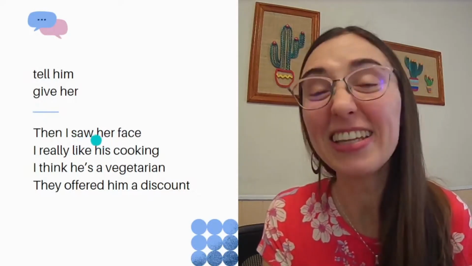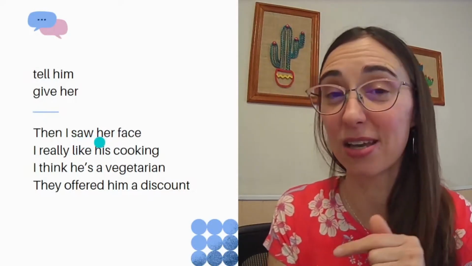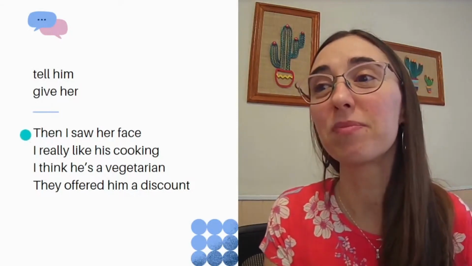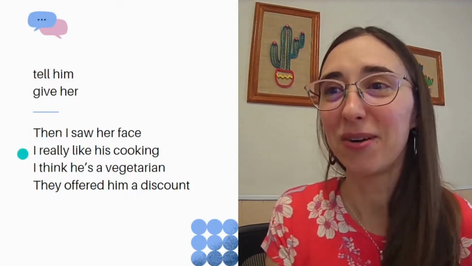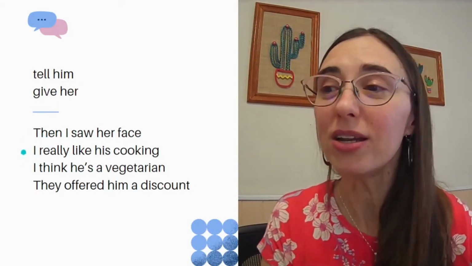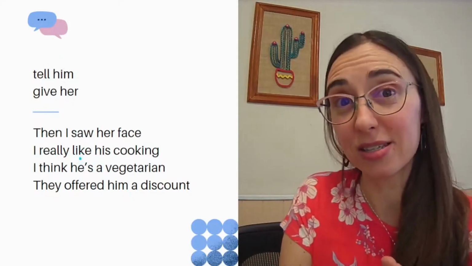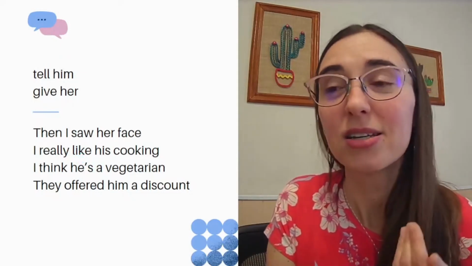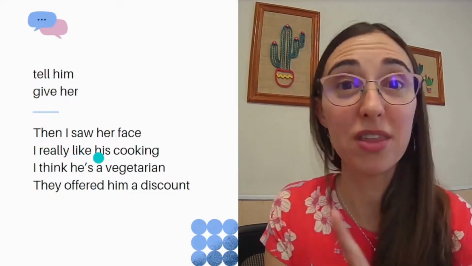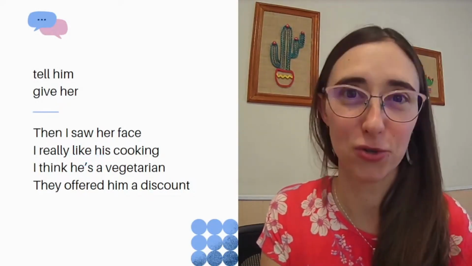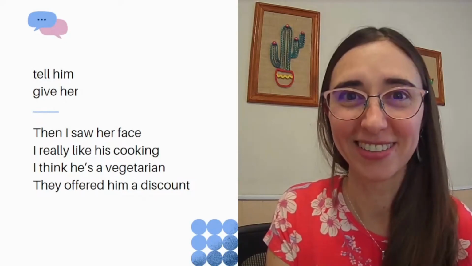And of course there's linking there, because of the consonant sound and the vowel, and the H is not pronounced. Okay, another one. I really like his cooking. In this case, we have the word "his" there, a consonant preceding that word, so we're going to connect it without pronouncing the H. I really like 'is cooking.